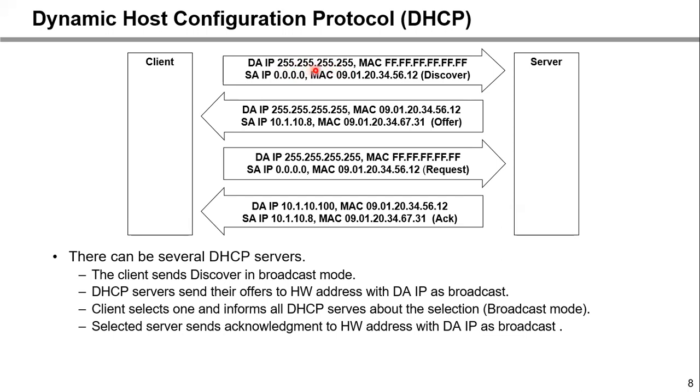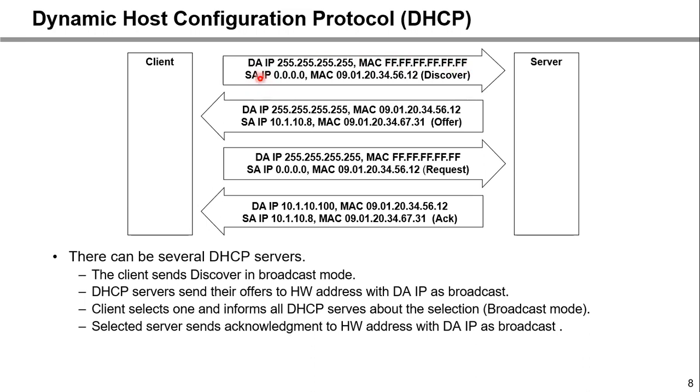That is a broadcast address. Even the destination MAC address is not known, so it is mentioned as FF:FF:FF:FF:FF:FF. Whenever all the FFs are there, it is a broadcast MAC address.